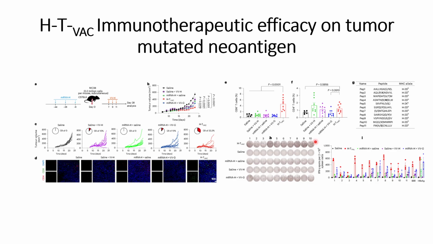This is one of the representative images of the splenocyte ELISPOT, and here they captured the IFN gamma, and they quantified this in panel I, where we can see that the ELISPOT IFN gamma signals are significantly higher for the HT-VAC compared to all other cases, and results are consistent for the multiple tumor mutated neoantigens.